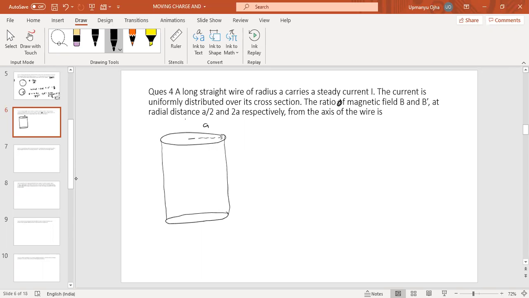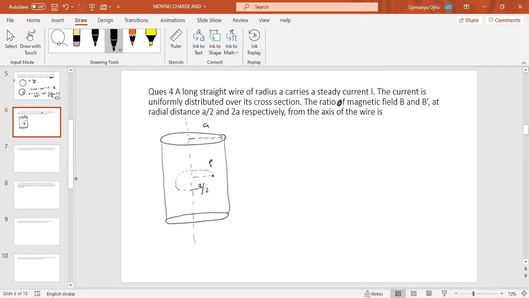So we can assume this as the axis of the wire. If I take some point P at a distance of A by 2, can I find the current passing through this point P?